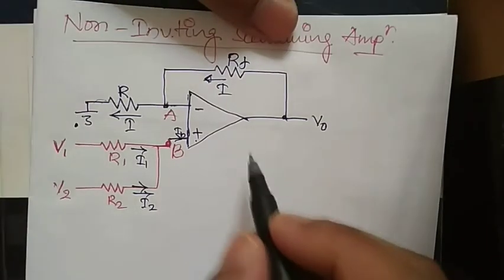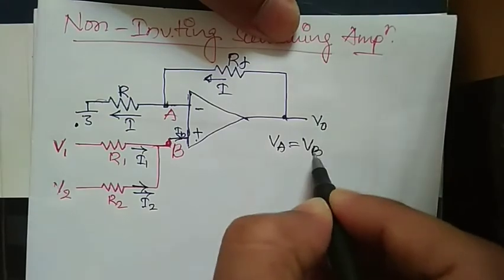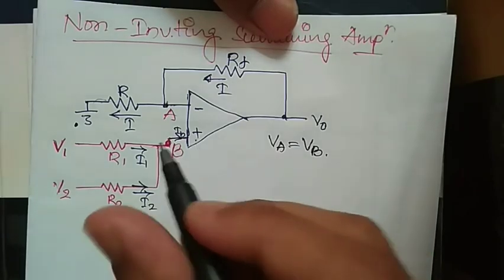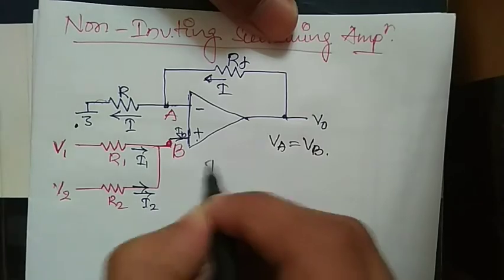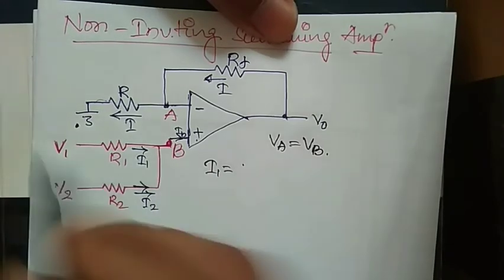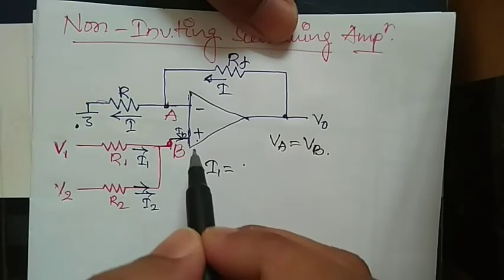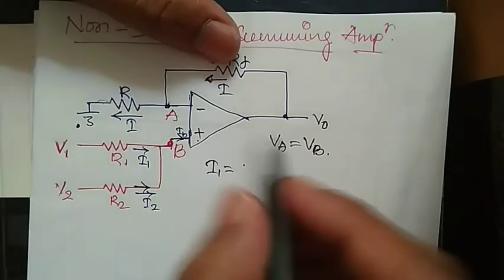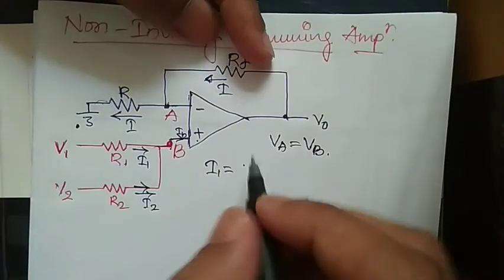So using these equations we are going to derive it. Virtually connected means your VA equals VB, and let me derive this directly using Ohm's law. Let me first consider I1 equals V by R, that is V1 minus VB divided by R1. VB is the virtually defined node.